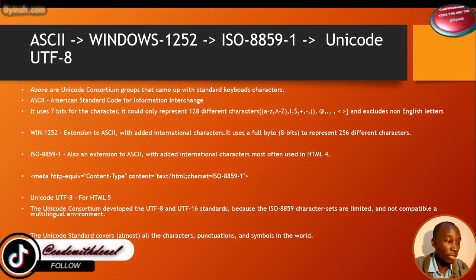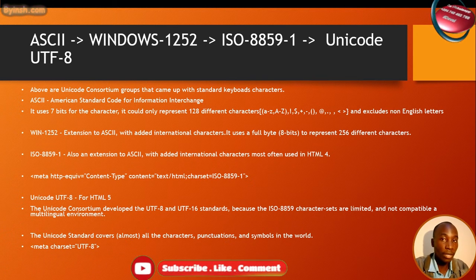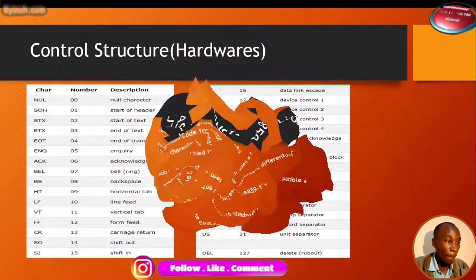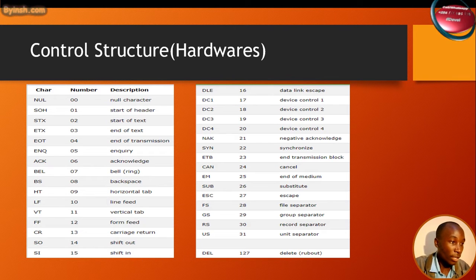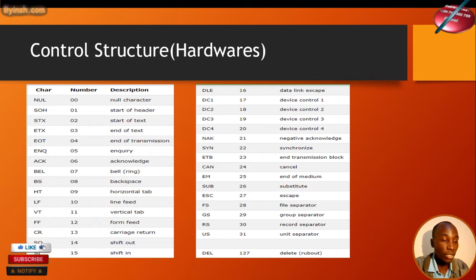So we shall be using this one. Some of the entities that were being used are the ones you are seeing on the screen. From 0 to 31 and 127, they were used to control hardware devices.